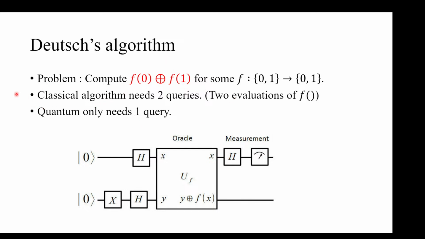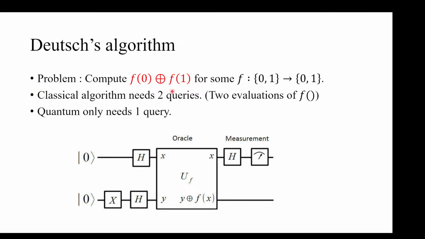Classically, you can put proofs here, but it's kind of intuitive, so we omit the proof. If you want to compute f0 plus f1, then you need to learn both f0 and f1. So you compute f the first time with input 0 and get f0, then compute f a second time with input 1 to get f1, and add them together.